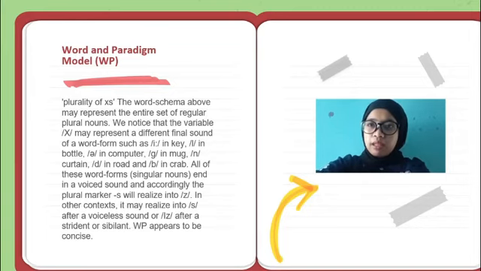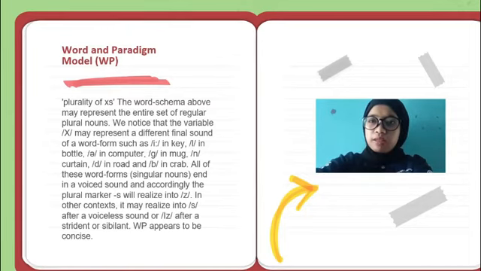A: cake, bottle, computer, mug, curtain, road, crab. B: cakes, bottles, computers, mugs, curtains, roads, crabs. Plurality of X is Xs. The word schemas above may represent the entire set of regular plural nouns.